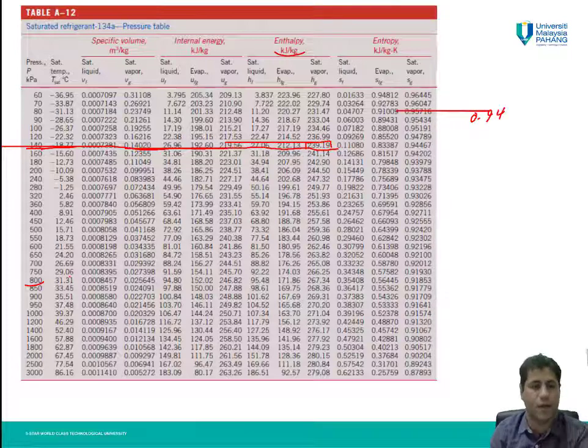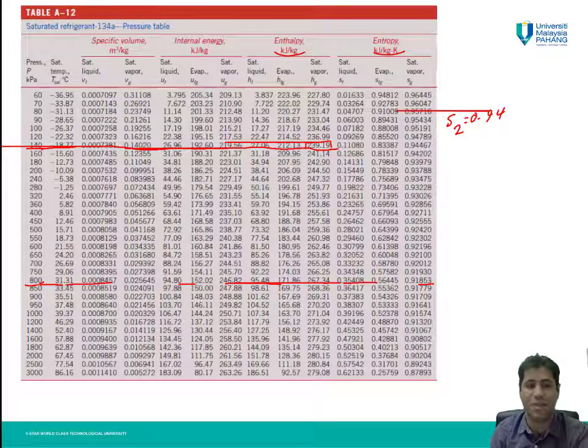But the entropy for this pressure at state 2, entropy is in the last three columns. Here we can go to the last three columns and compare our entropy. This is our entropy S2.